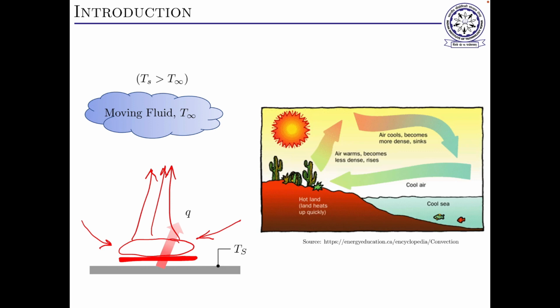In nature also, when we are near a beach or some coastal areas, during the day the sun is very hot because these areas are usually near the equator.